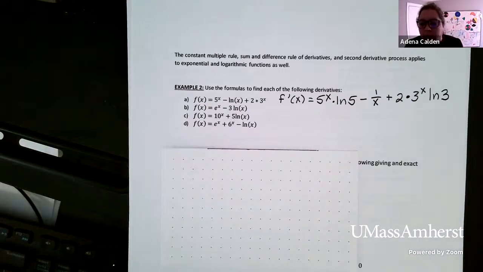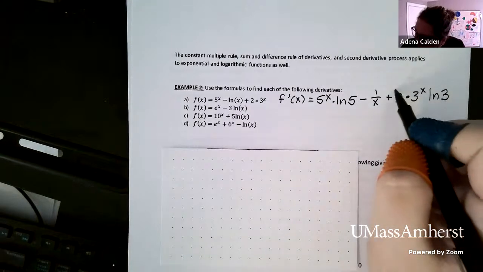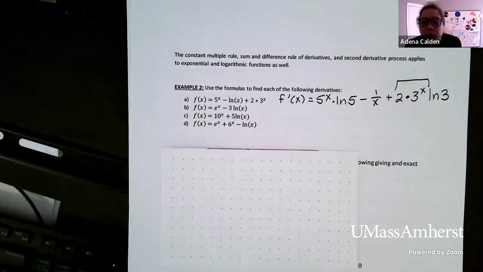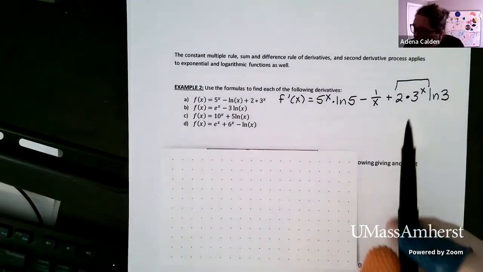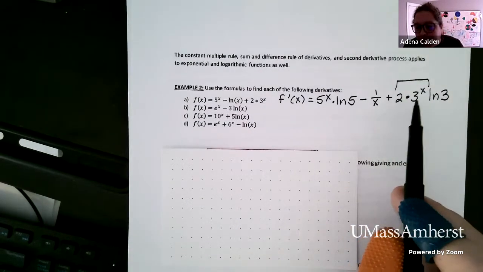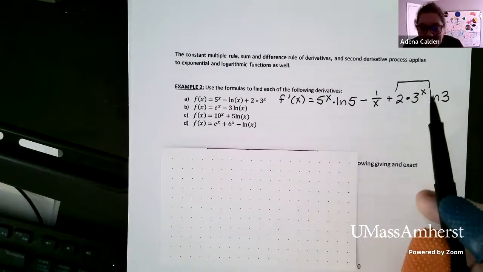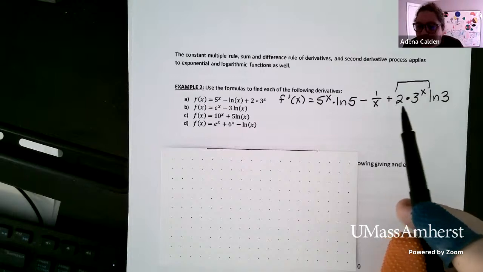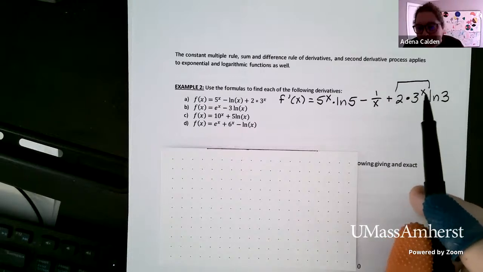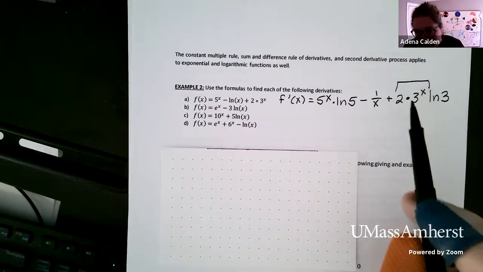One thing I really want to highlight is this part right here. The 2 is part of the constant multiple rule, but algebraically, you cannot combine the 2 and the 3 to the x. This cannot become 6 to the x. There's nothing we can do to combine these, because the 2 is a constant and the 3 to the x is a function.